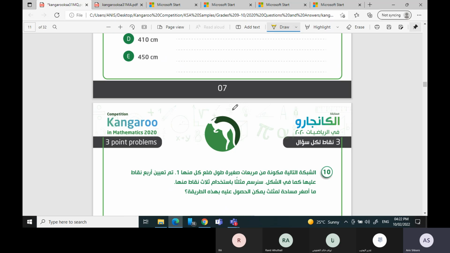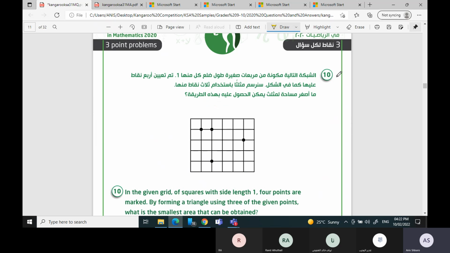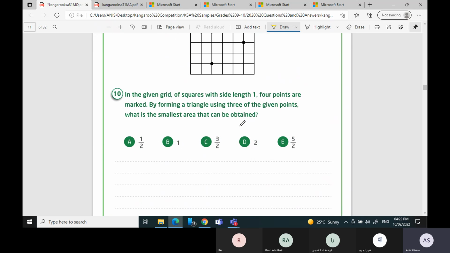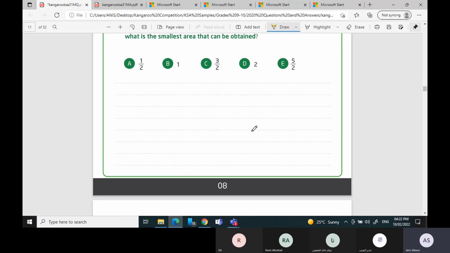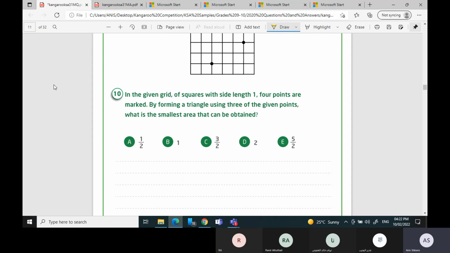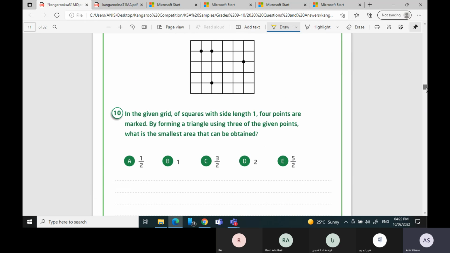Now, let us continue with number 10. Okay, so this one I think is from the hard questions. We will try to simplify it as much as we can.